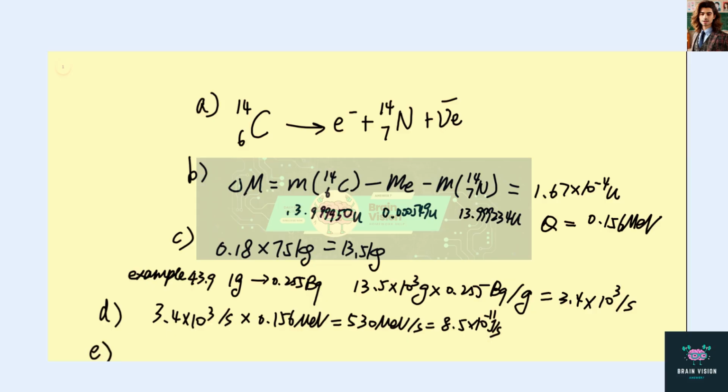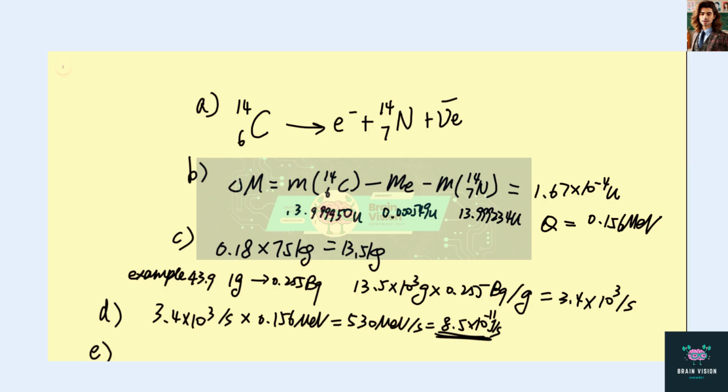So last question asks us what is the amount of energy that one person absorbs from himself. So we can find this by, we know this is the amount of energy we produce each second.